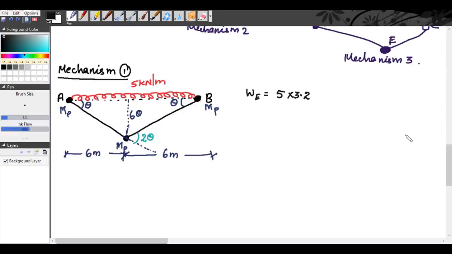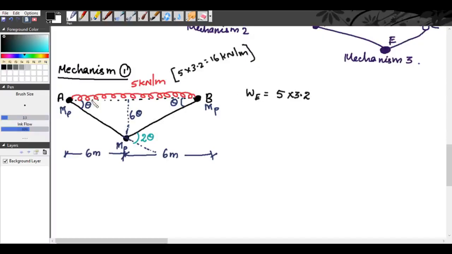If the load factor is given, you have to consider the load factor also. So considering the load factor, it is 5 into 3.2, that is 16 kilonewton per meter. This 3.2 is the load factor.